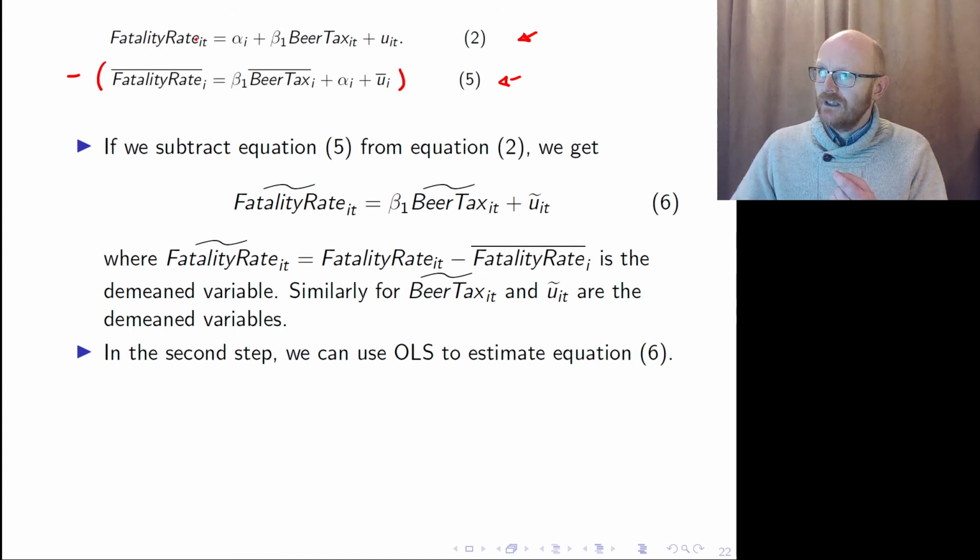We are left with the actual fatality rate for these 7 years minus the mean of the fatality rate over the 7 years, and we do that for every single entity. Okay, and when we subtract these two equations from each other, we see that this alpha term, this constant, which varies across entities, falls away.